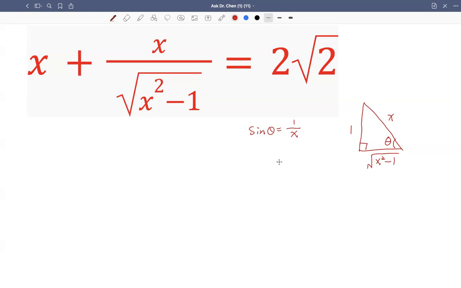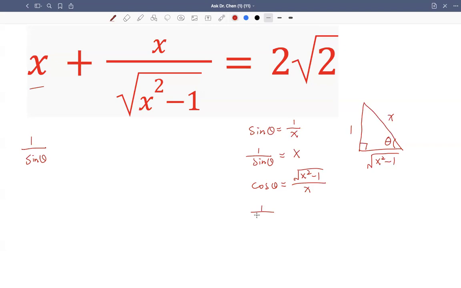is x. And then 1 over sine theta will be x over 1, which is x. So that means this term we can write as 1 over sine theta. And similarly, cosine theta is adjacent, so the square root of x squared minus 1, over the hypotenuse x.